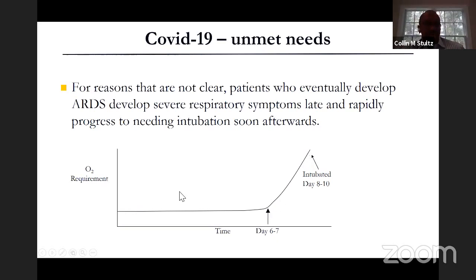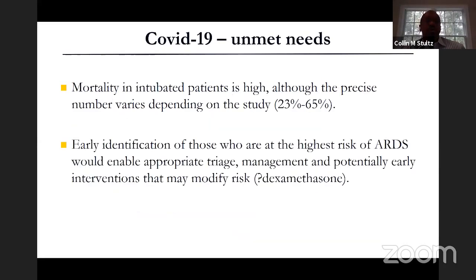And this is deceiving because it's hard to notice from this time course early on, where patients are doing quite well, that they're going to end up intubated. That is a significant problem in the management of these patients. In particular, it's hard to know who is going to end up in the ICU, who is going to be intubated, and who's going to just have a pretty benign course for 10 days and then go home.